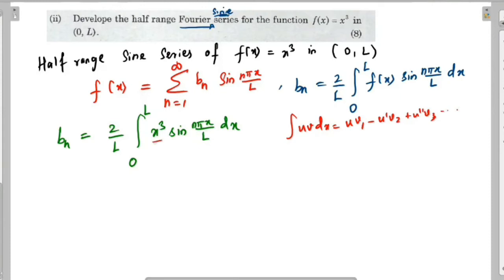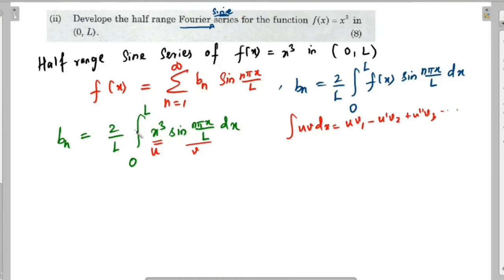Now I am going to take this as u, the remaining term is v. Here in this polynomial the power is 3, so you have to put 4 pairs of close brackets because we may get 4 terms.